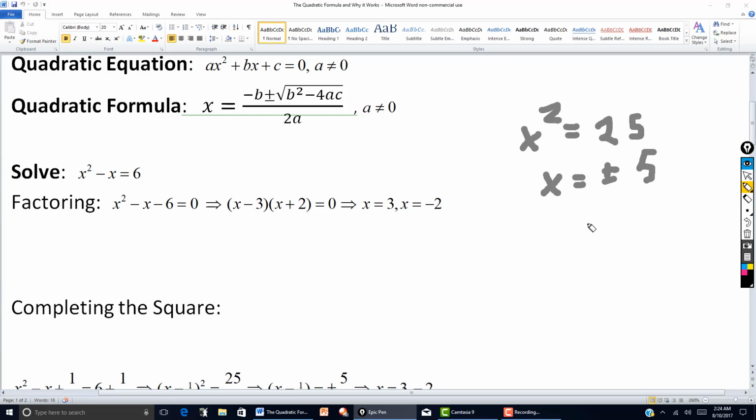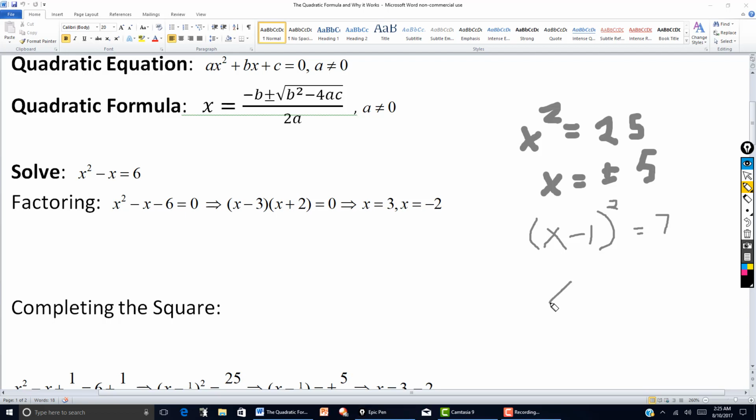Now let's suppose we have something like (x minus 1) quantity squared equals 7. The left side is actually a trinomial if you square it out, but it's a perfect square trinomial. I have the square of a binomial, and on the right side is a number, 7. All I have to do is take the square root of both sides, plus or minus.